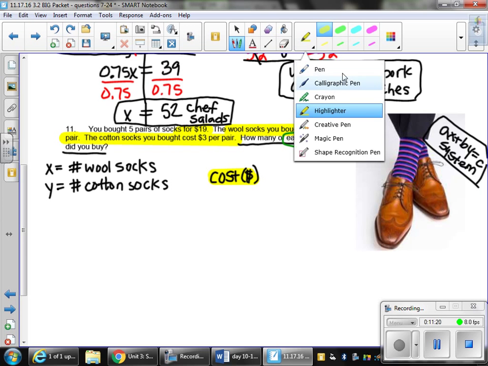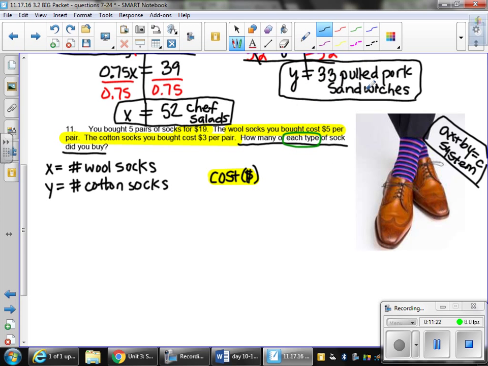So press pause if you haven't written your equation yet. Write it yourself. I got 5x plus 3y equals 19. Again, what's highlighted is off limits. You've used it, can't use it again. The only other piece of information you have not used yet is that you bought 5 pairs total.